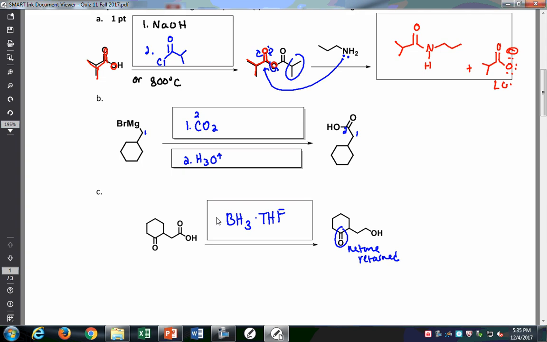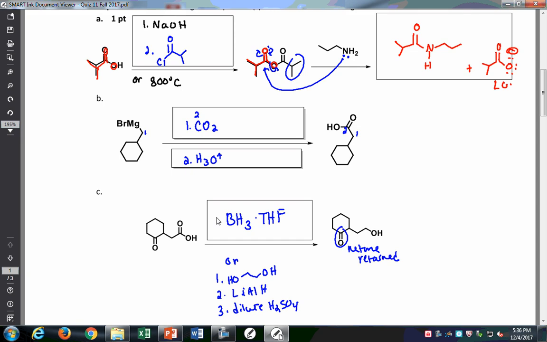Or the other route, which I accept if you chose, was we can protect the ketone. We just went through this from the last chapter, followed by the reduction with lithium aluminum hydride, and then followed by removal of the protecting group. I would accept that. Or you can just use BH3 THF.